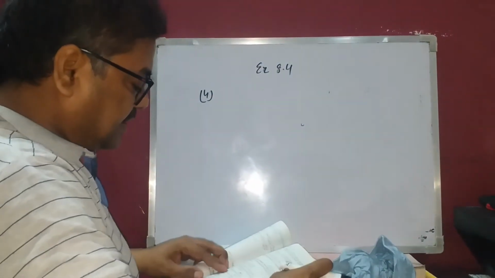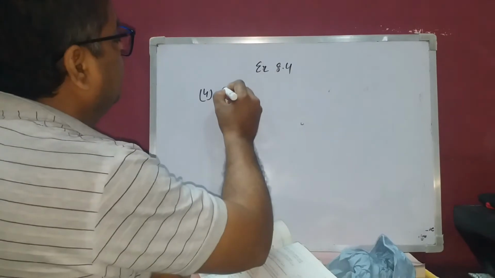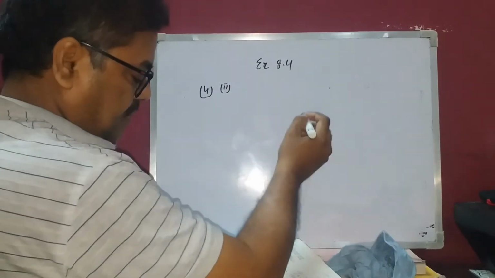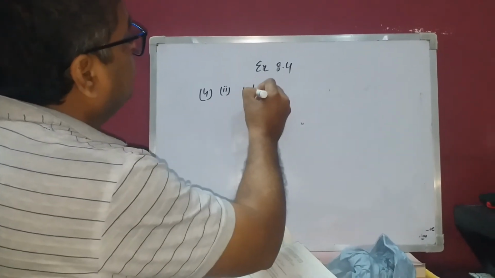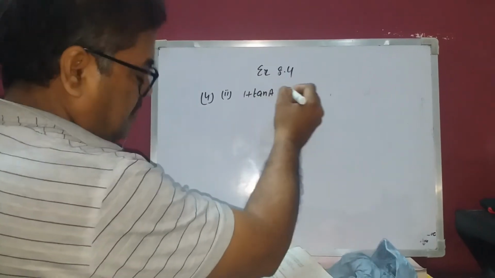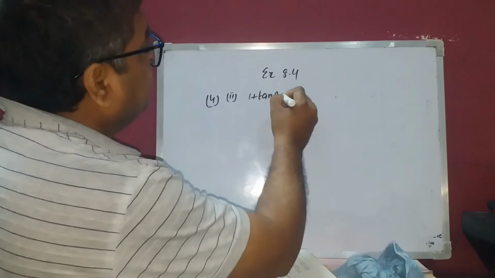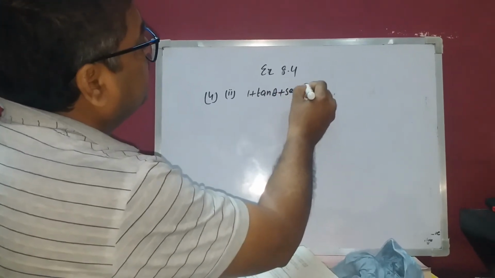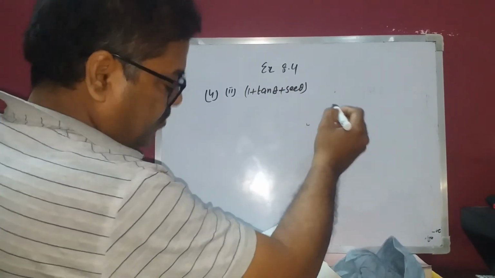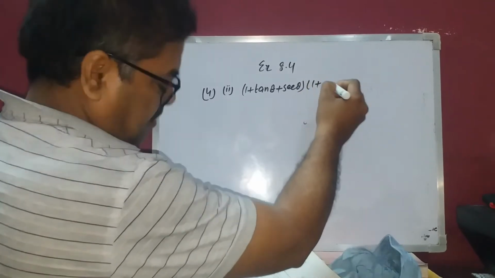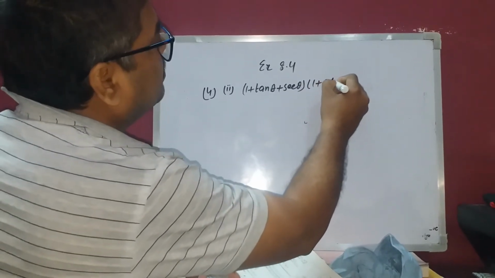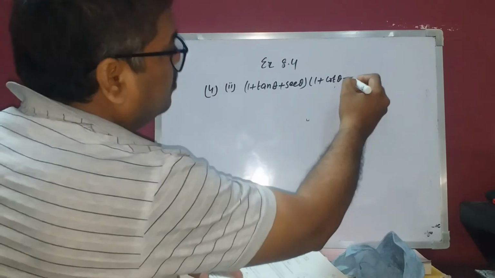Question number second says that (1 plus tan theta plus sec theta) into (1 plus cot theta minus cosec theta).